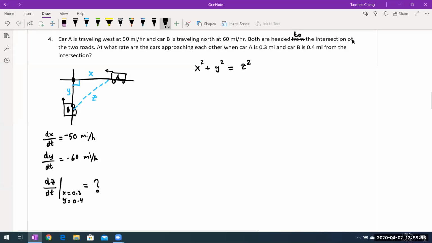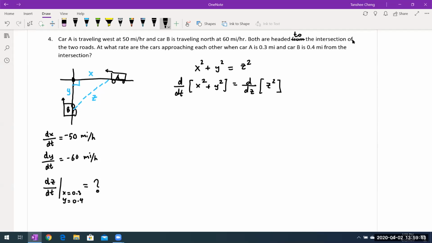So now I'm going to take the derivative with respect to time of the equation on the left-hand side and the right-hand side, so that we can relate the rates of change that we know to the rate of change that we want.